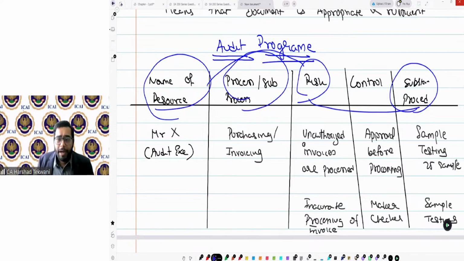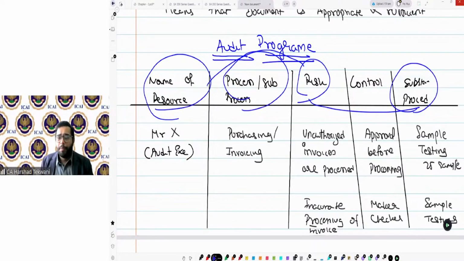It is very important to formulate an audit program, because this way everyone will have clarity on what is required to be done, when it is required to be done, how it is required to be done, and what is the overall outcome that is being expected here. Based on all these things, the audit program is prepared.